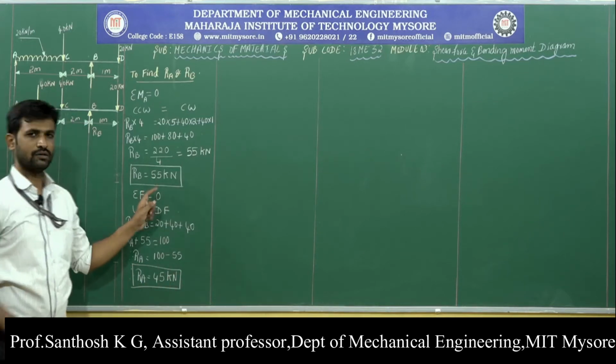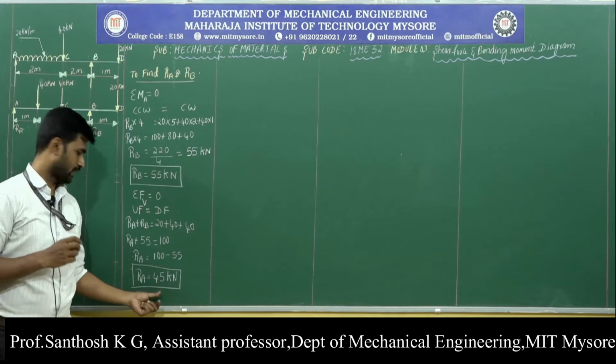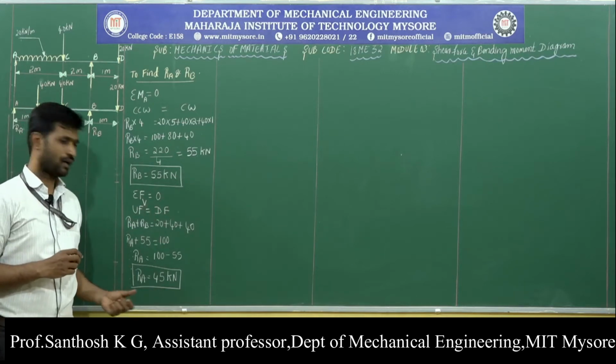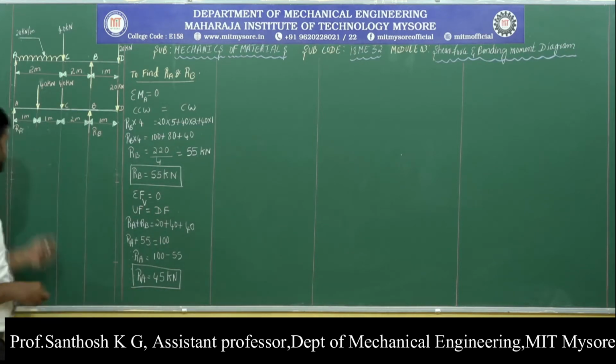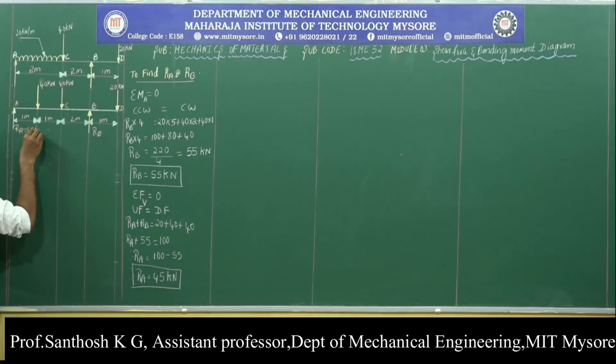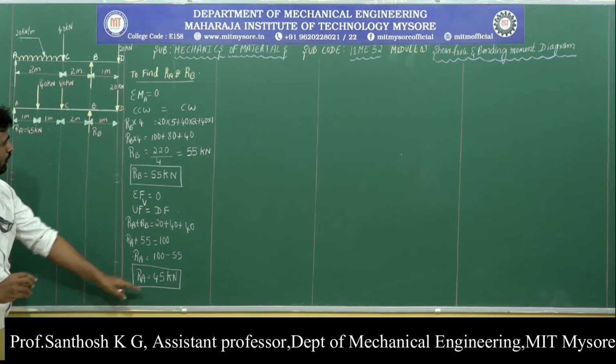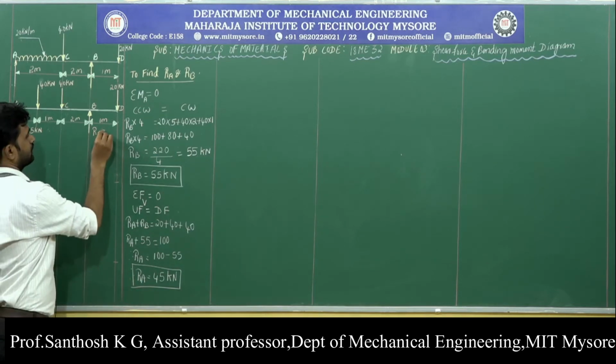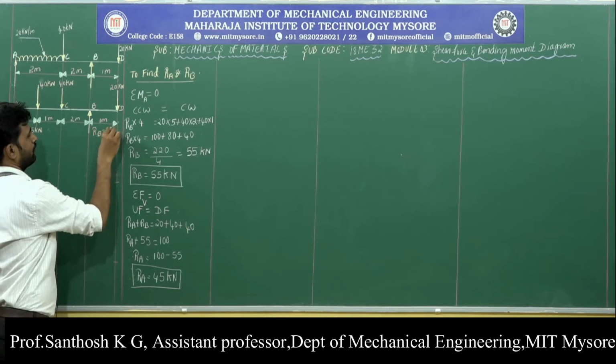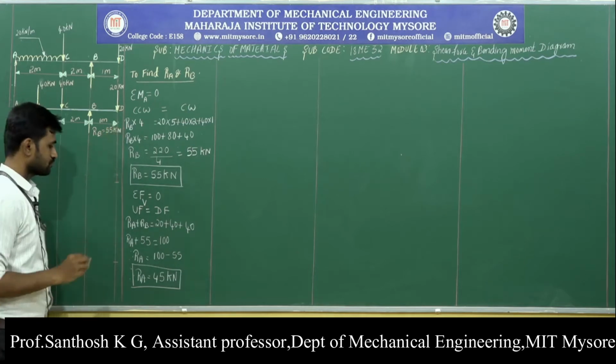Thereby, we got the values of the reactions RA and RB. The value of RA is 45 kilonewton and the value of RB is 55 kilonewton.